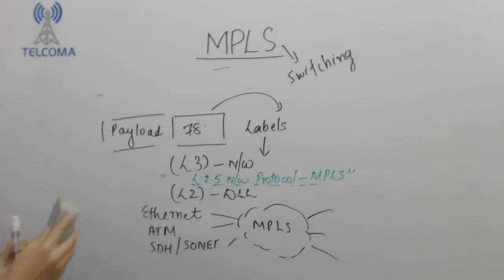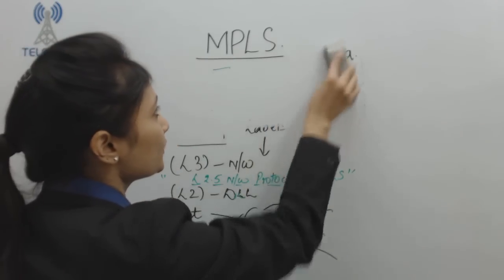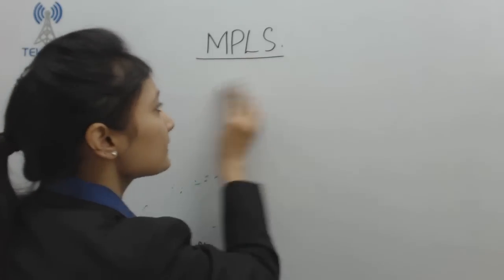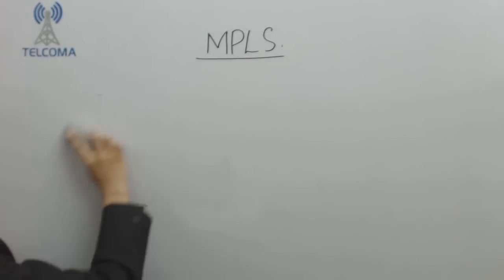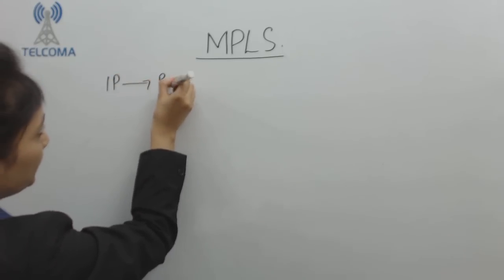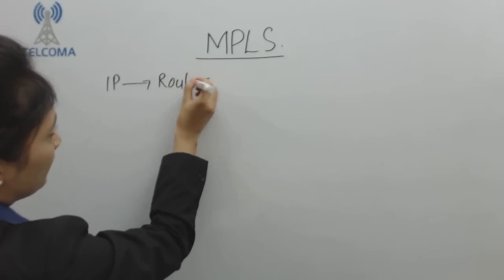Like in our IP systems, the routers are the connecting devices, the main component of your IP network. Your IP has routers.